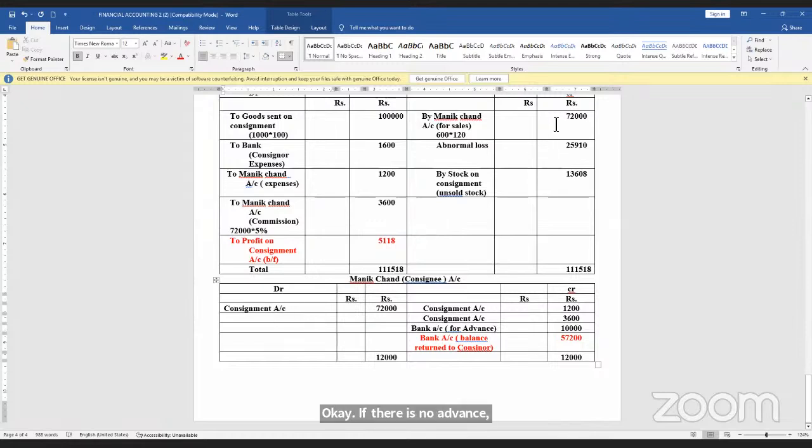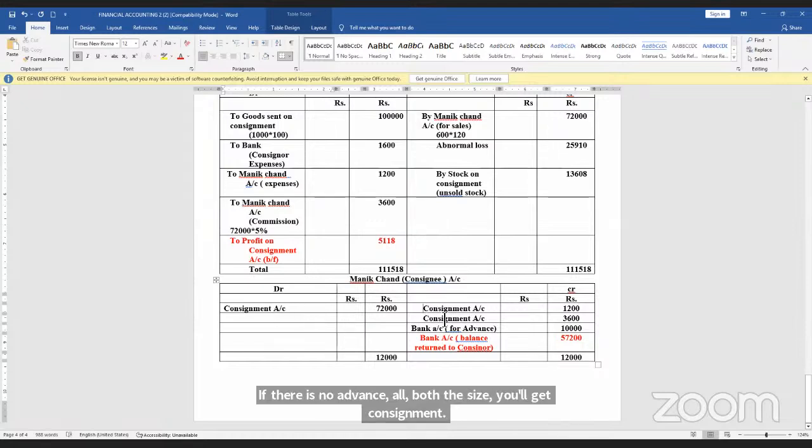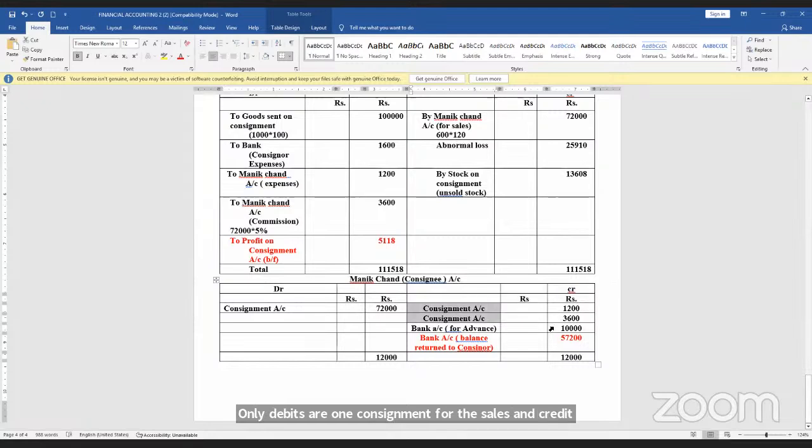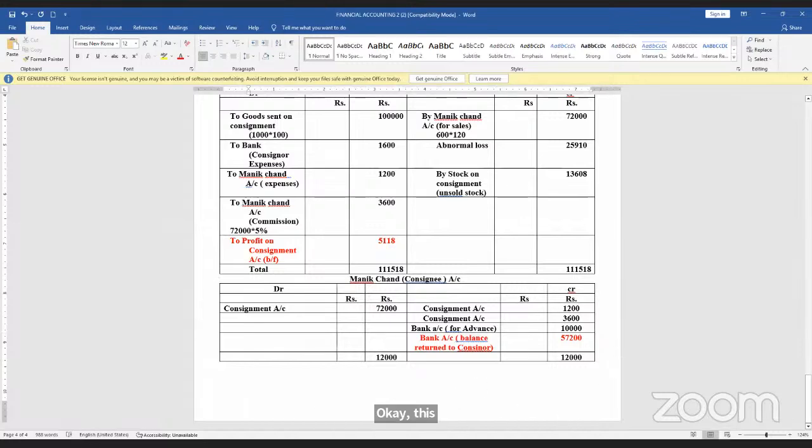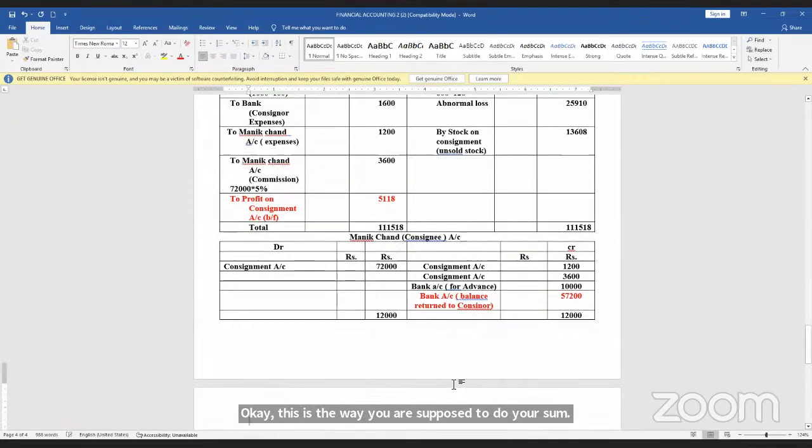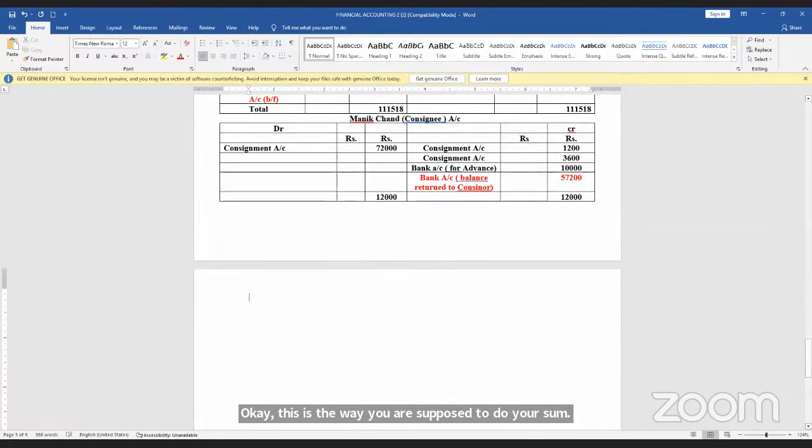Debit side 1 consignment for the sales, and credit side 2 consignments for the expenses and commission. If any advance is paid, that is bank, and the balancing figure also you will write as bank. This is the way you are supposed to do your sum. Now let us see the other question with invoice price. I hope you all understood. Please, I want a response.